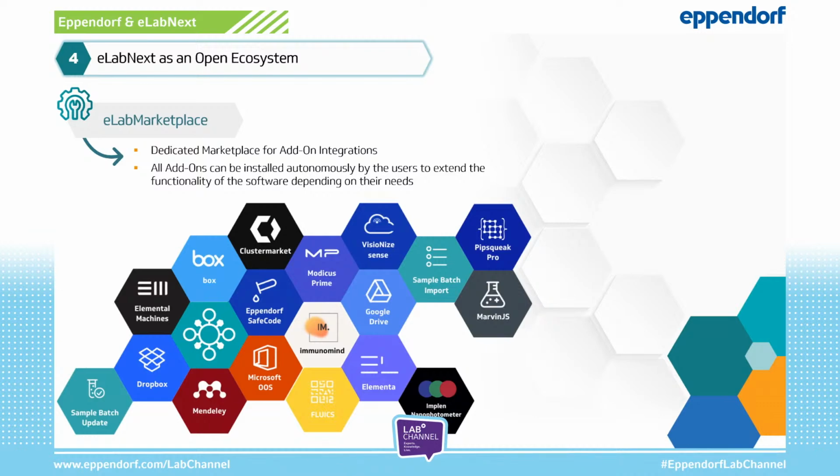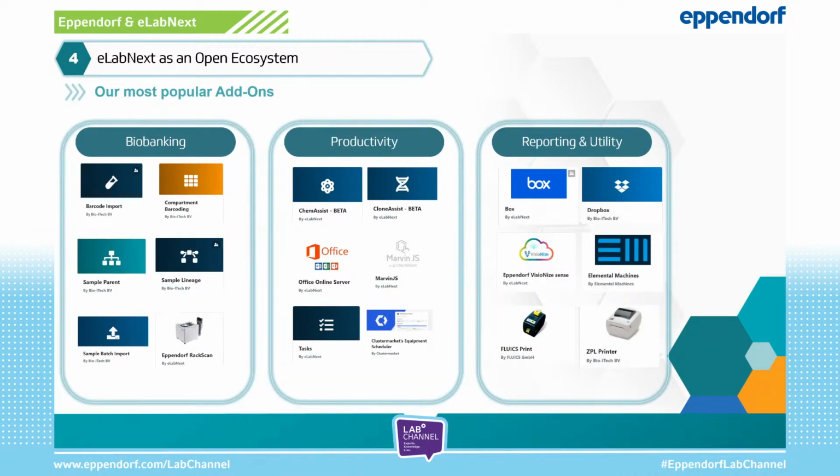So now we're going to go into this and talk a little bit more about how eLab is an open ecosystem and what are the add-ons that we offer. So this is a list of our most popular add-ons and how we separate this by category. So we have a lot of add-ons that are for our inventory, which we put in the category of biobanking.